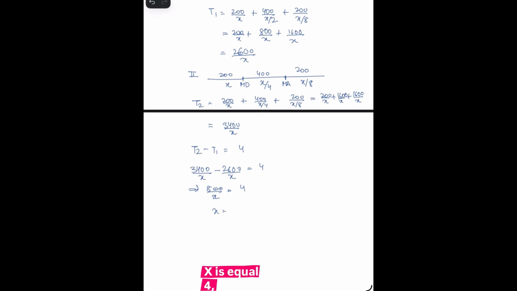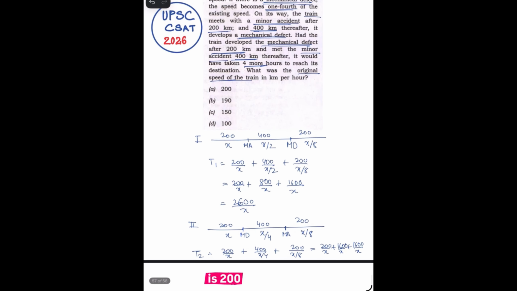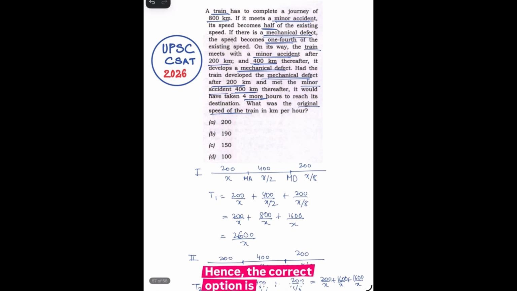So 3400 by x minus 2600 by x is equal to 4. 800 by x is equal to 4. x is equal to 800 by 4, which is equal to 200. So the initial speed of the train is 200 km per hour. Hence the correct option is option A.